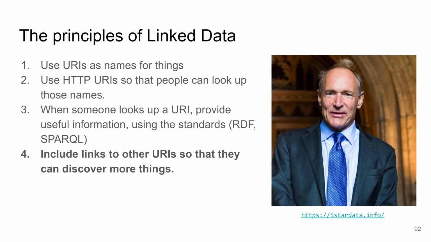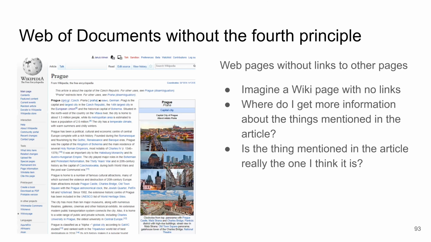And the fourth principle of linked data is: include links to other URIs so that users can discover more things. Now, again, imagine the web of documents if that fourth principle were not there. You would have this Wikipedia page, and all the blue links that you can see there wouldn't be there.